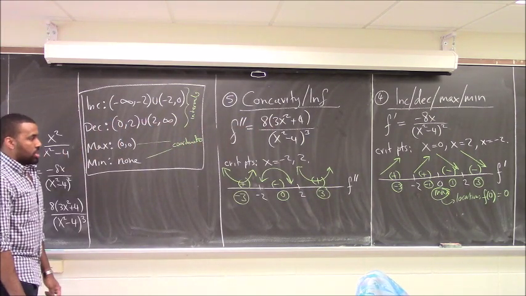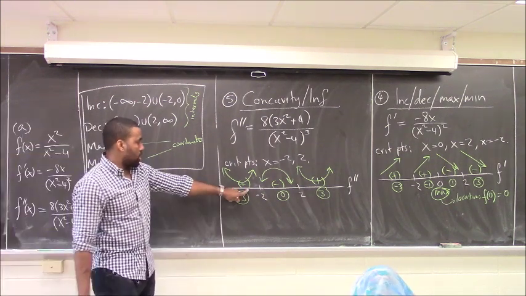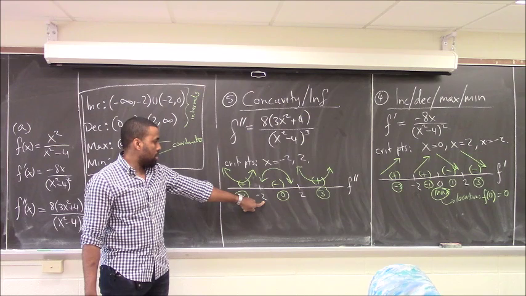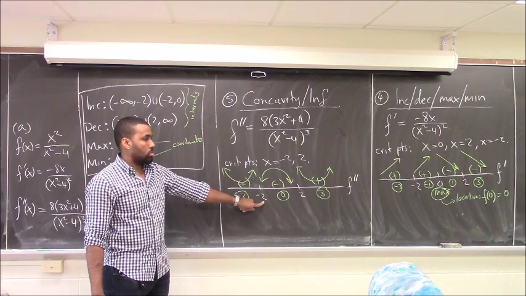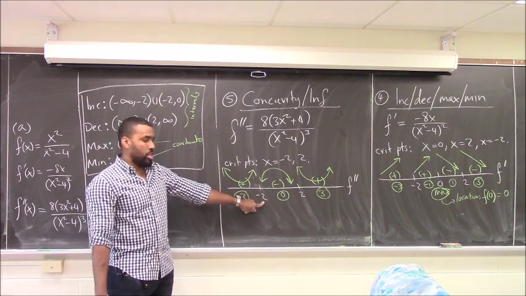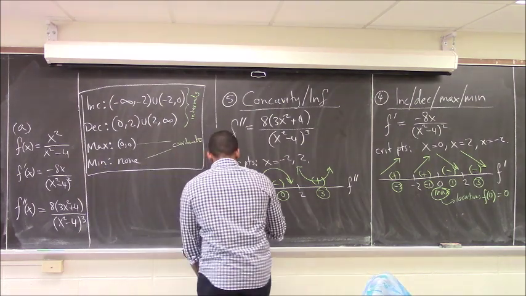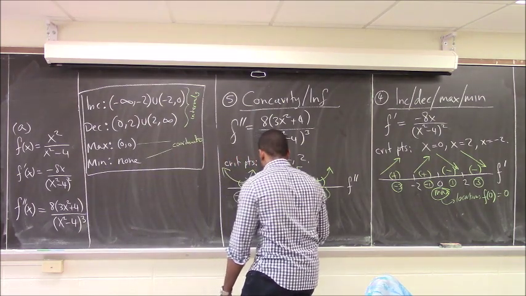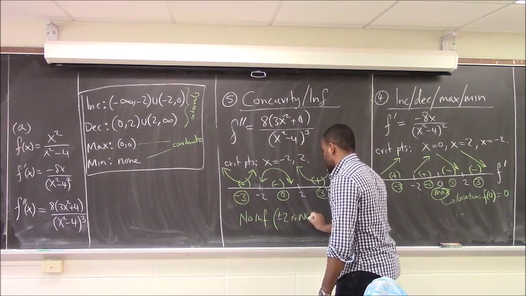Do we have any inflection points here? Well, we switched from concave up to concave down, so does that mean this is an inflection? No, because it's not in the domain. If it was in the domain, it would be an inflection, but it's not. So we have no inflections here, and it's because plus or minus 2 is not in the domain.